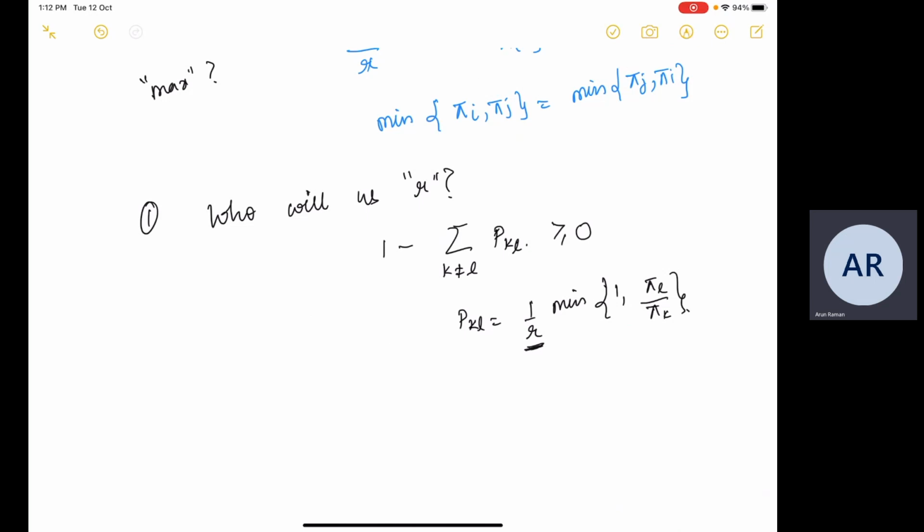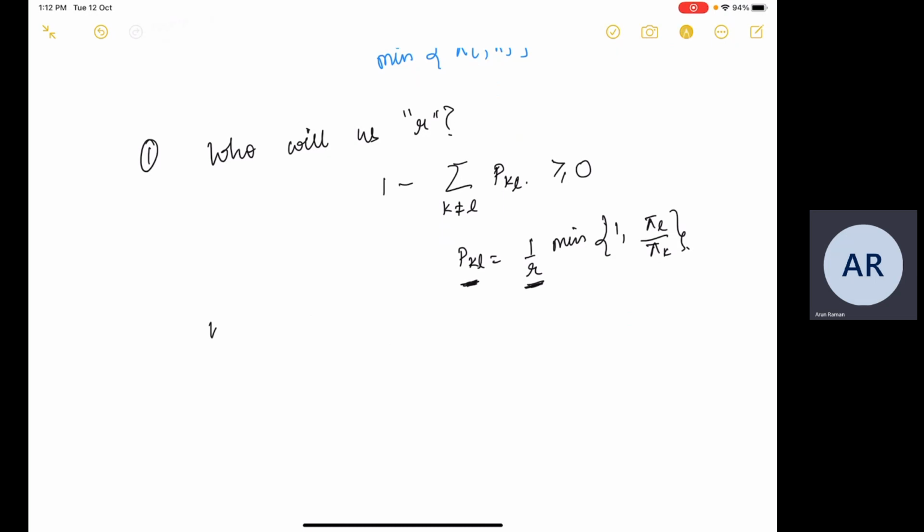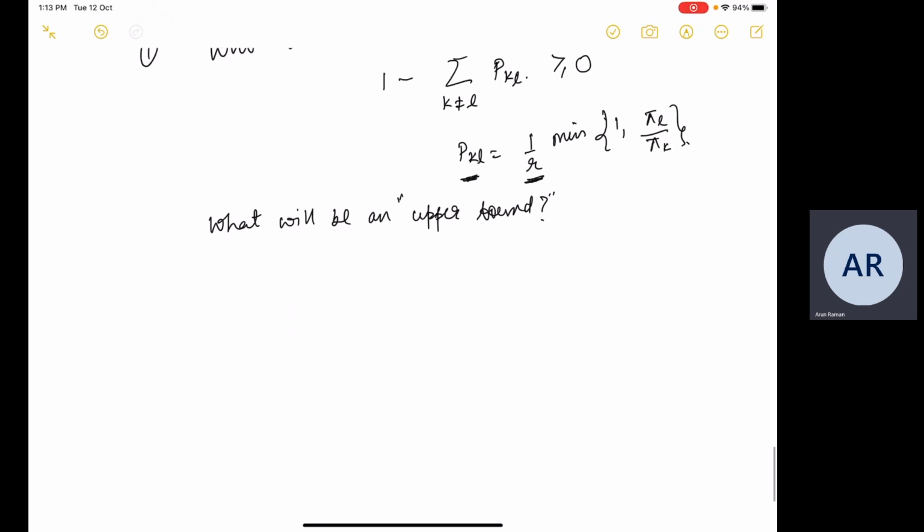Okay, and such an R always exists because we can keep bumping up the value of R to make the Pkl smaller and smaller, and we can eventually find such an R. But what will be an upper bound? It is not an upper bound strictly, but a reasonable one: based on what is given to us, we would not want to increase the value of R beyond that.